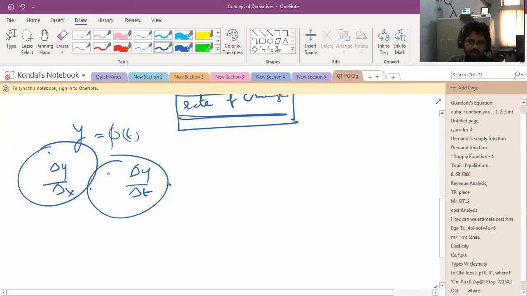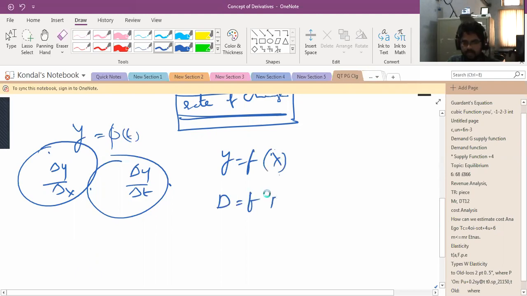That is nothing but y is equal to function of some x. Or in microeconomics we can write d is a function of p. Simple, we can understand easily. So how do we write the derivative here? Delta qd by delta p.